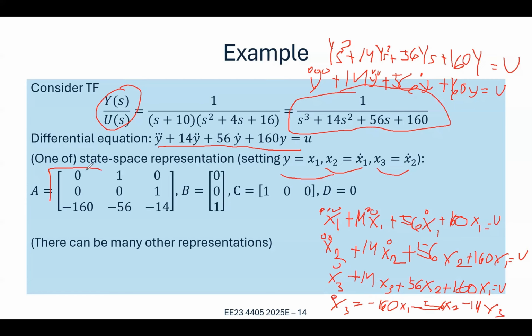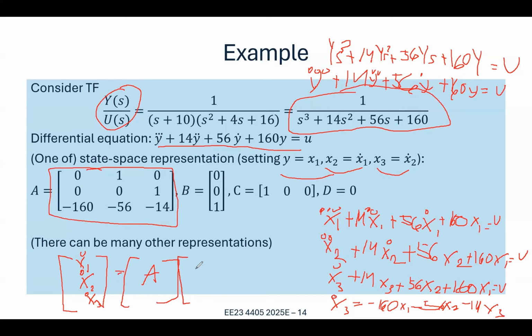So we have x1 dot, x2 dot, and x3 dot equal to A times x1, x2, and x3, plus B times u.